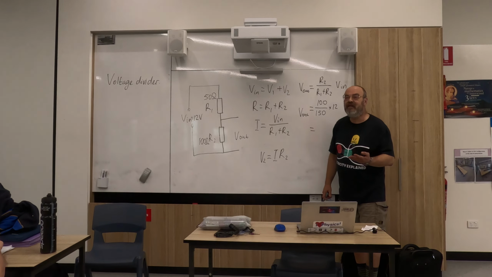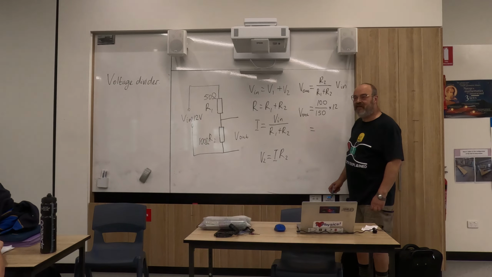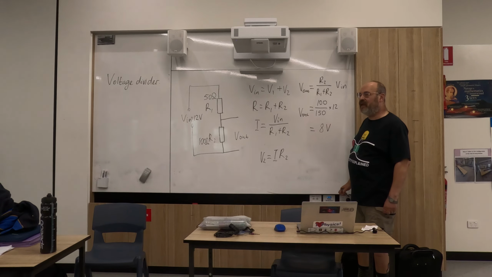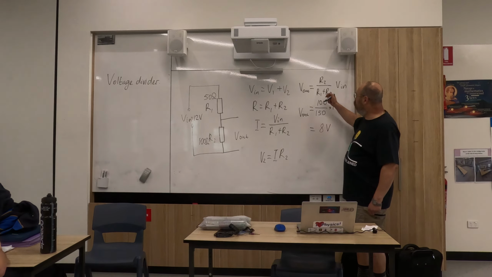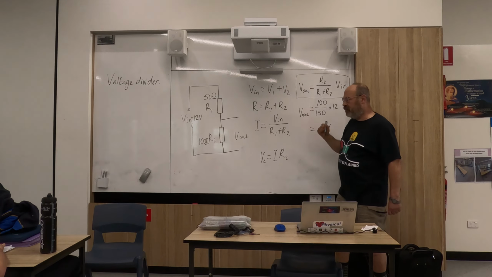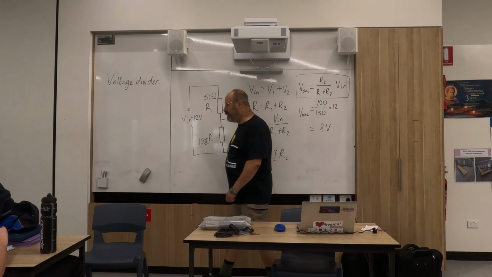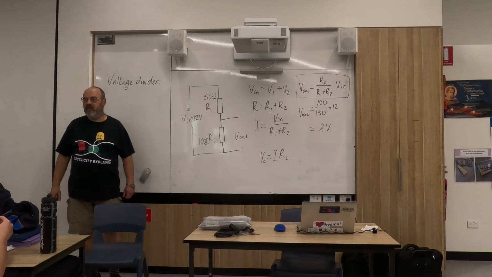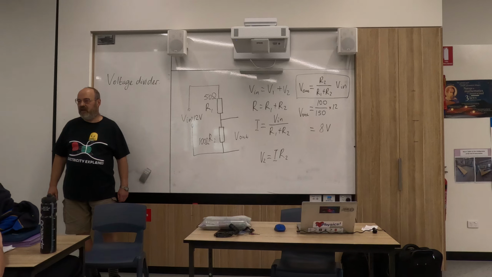Yes, it was correct, 8. It will be 8 volts. This is called the voltage divider formula, which can be used, but voltage dividers can be solved in a much easier way.